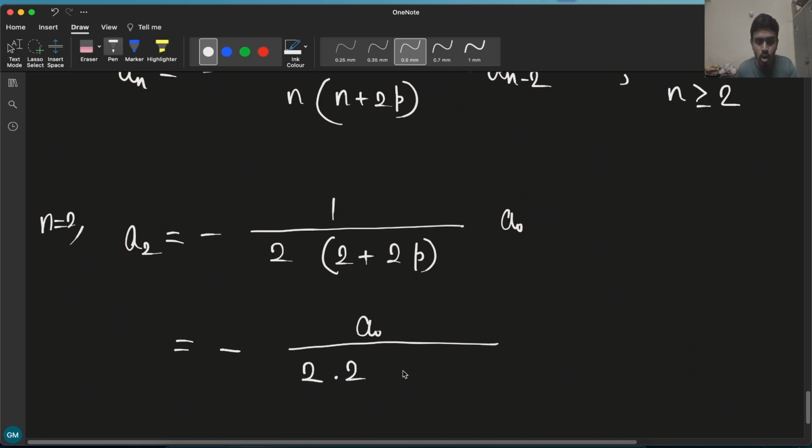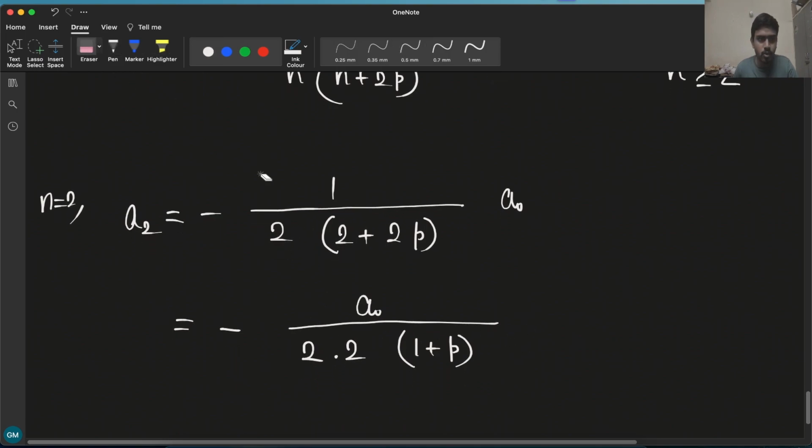I can take this 2 outside, then it is 1 plus p, and this 1 plus p I can write as gamma of 1 plus p times gamma of 2 plus p.